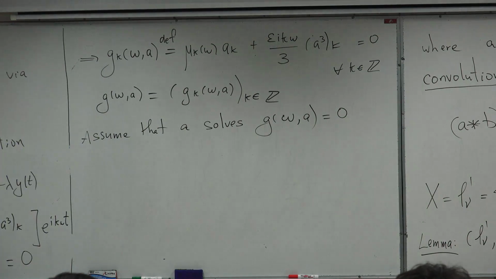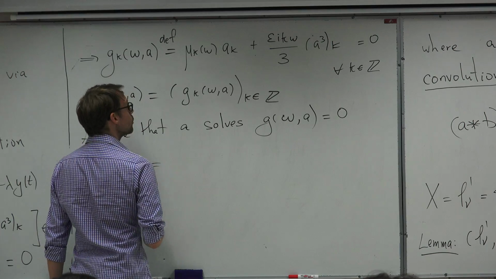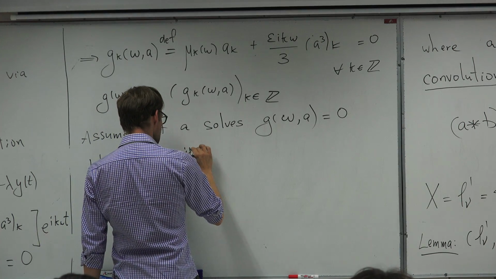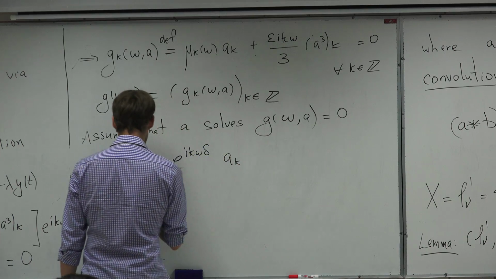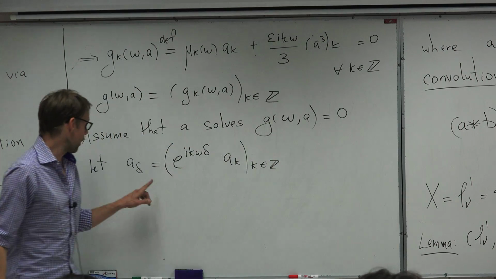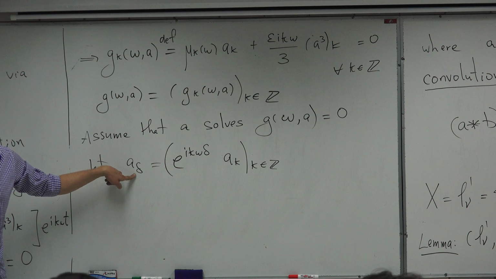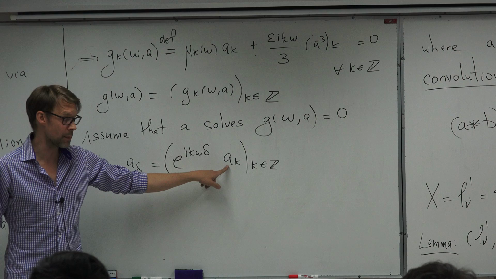Then if I define A sub delta to be e to the I k omega delta times a_k, for k in Z, that's a point which, if A is in L nu 1, is also going to be a point in L nu 1. And when delta is equal to 0, I get my point.